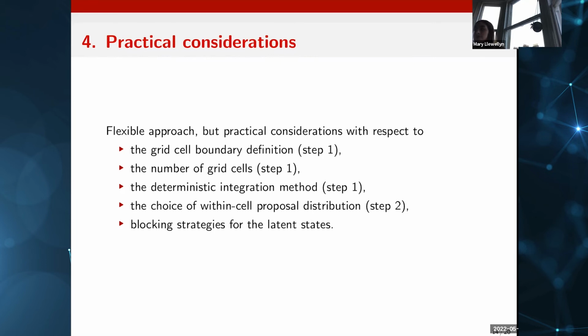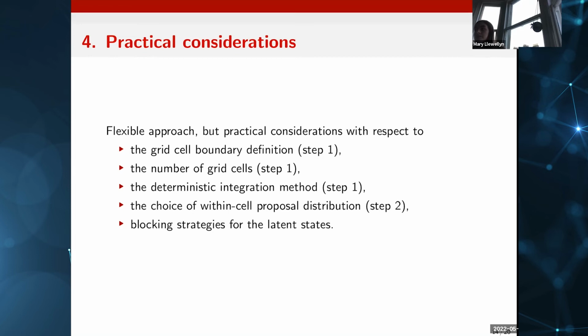If we use equally spaced grid cells, this is nice and it's computationally cheap because you only need to calculate one hidden Markov model transition matrix per iteration of your Metropolis-Hastings algorithm. But you might need a lot of grid cells to capture the high posterior density regions sufficiently, and you might be wasting computational time in areas that need a lower approximation error, right?